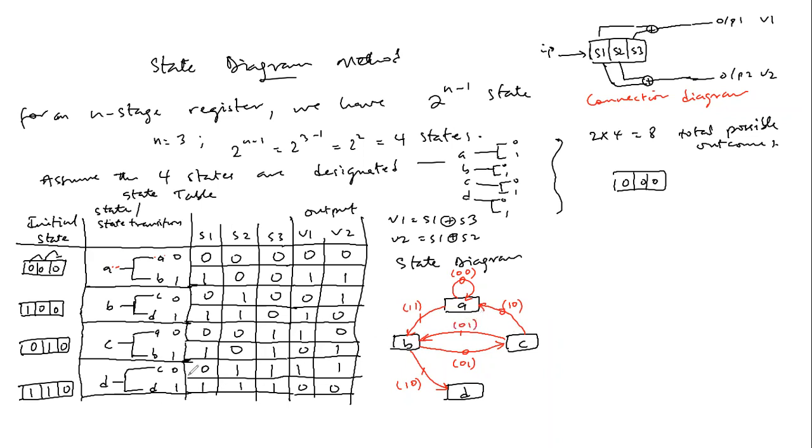And also from D to C, when it emits a 0, and then the output is 1, 1. And also from D to D, when it emits a 1, then the output is 0, 0.